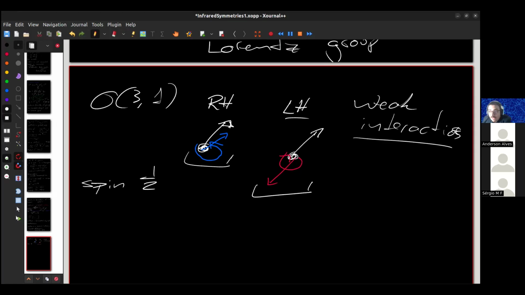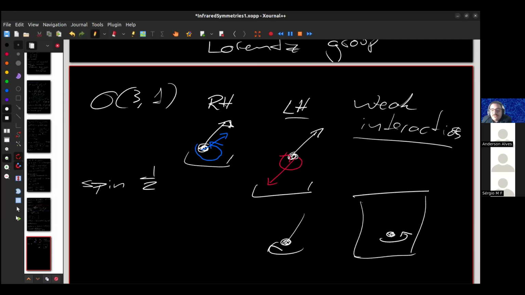And if you make a spatial reflection, you're going to change that. You're going to change who is right-handed and who is left-handed, because the direction of spinning is going to change. So if I have this guy here spinning in this direction, and I grab a mirror and put it here, it is actually going to be rotating in the other direction. So I flip left- and right-handed when I add a mirror, when I reflect stuff.